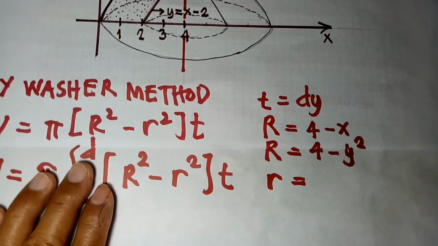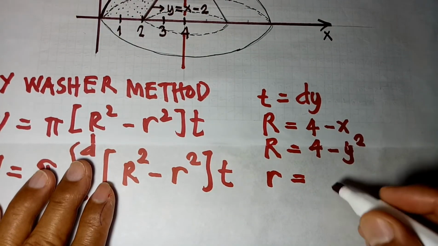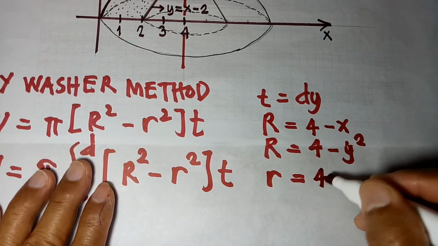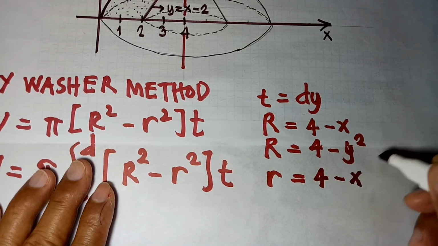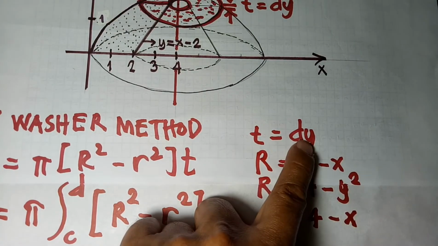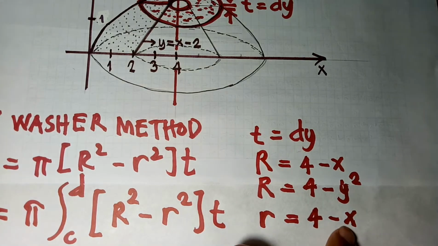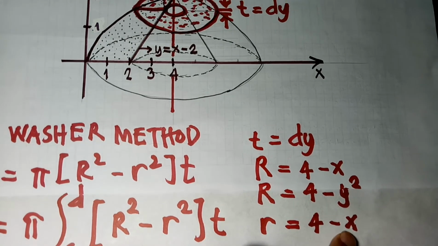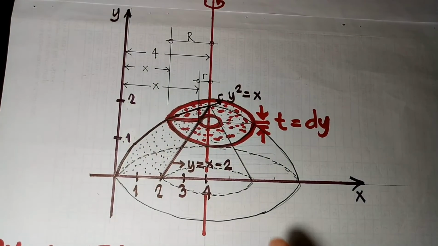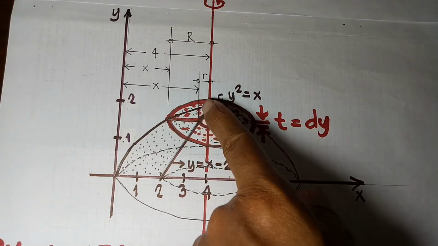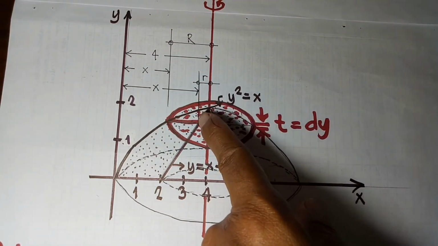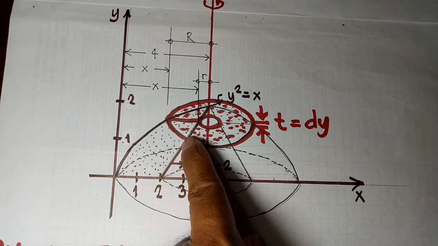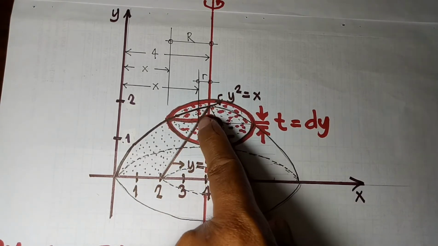4 minus x. Ngayon, dahil yung ating differential ay dy, yung x na ito ay papalitan natin in terms of y. So, you see, yung x na yan, ang nagdi-define sa kanya ay yung line na y equals x minus 2.